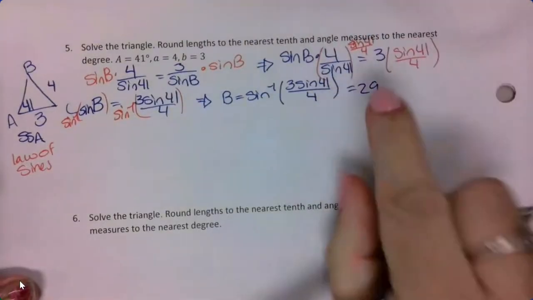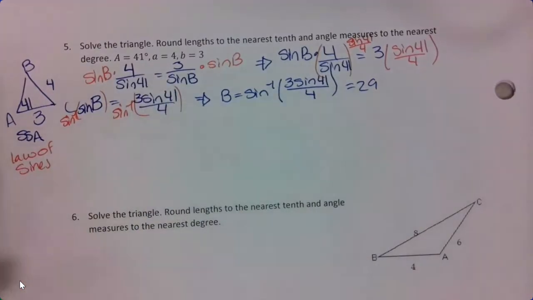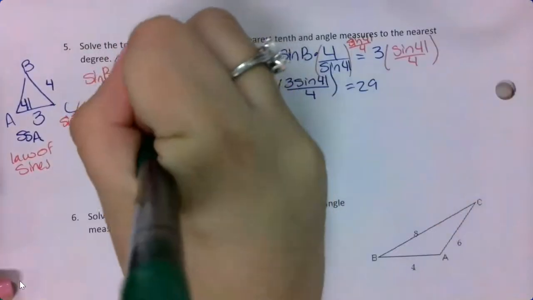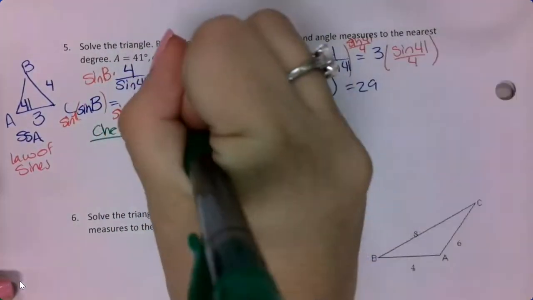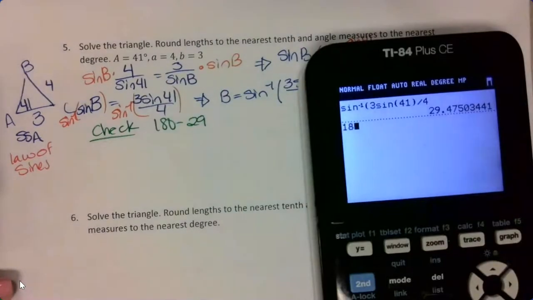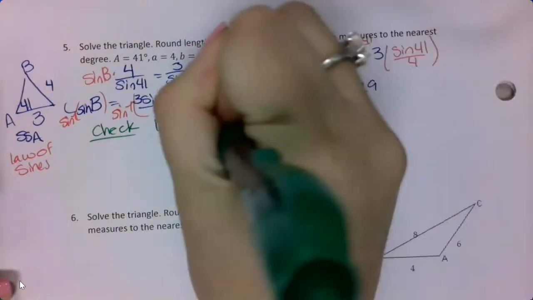Because this angle is acute and my original angle is acute, I need to go ahead and check it to make sure I don't have two triangles. So what I start off by doing is I take 180 and subtract the angle I just got, which gets me 151. If it works, 151 will be my second B angle.